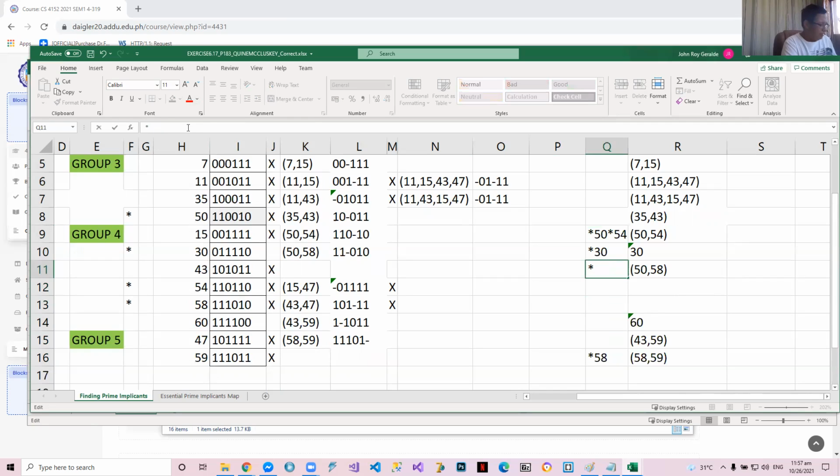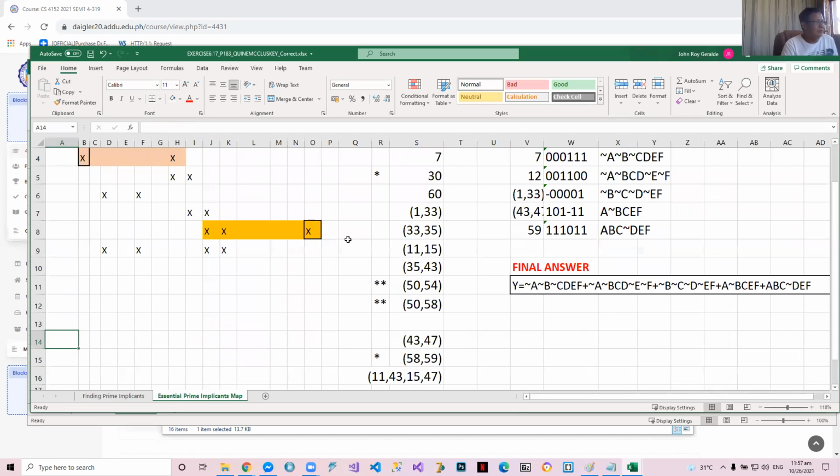So hindi na ito kasali, no? 50 star 58 because both 50 and 58 are don't cares. Itong 30 hindi natin ito sali, ito hindi, no? Ito isali natin ang 59. But 59 is marked. Right? So, hindi na rin ito kasali. Okay? Okay.